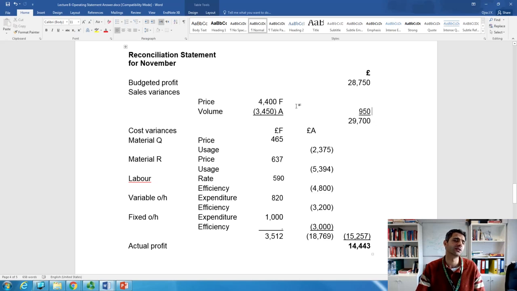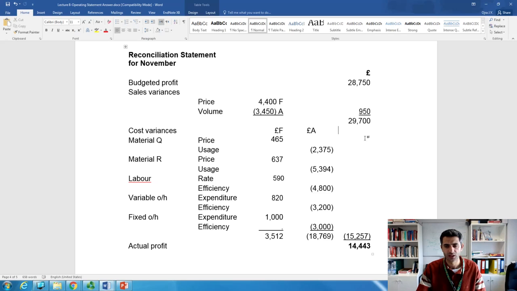As you mentioned, you need to treat favorable F as a positive number and adverse A as a negative number. So if you add the £950 to the £28,750, you should find that the total is £29,700.